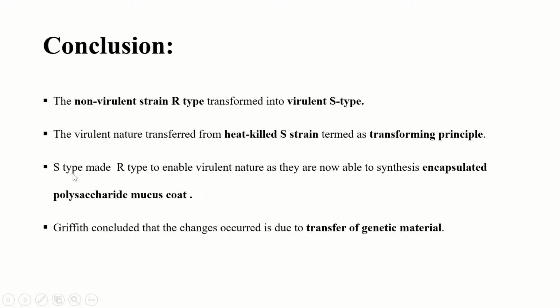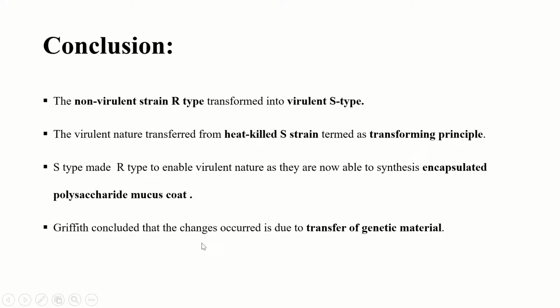So S type made R type virulent, as they are now able to synthesize the encapsulated polysaccharide mucus coat. So in the fourth stage, when he injected S type along with the R type, he observed that the R type were able to synthesize encapsulated polysaccharide mucus, which is a virulent character, and these virulent characters are present within the S type.